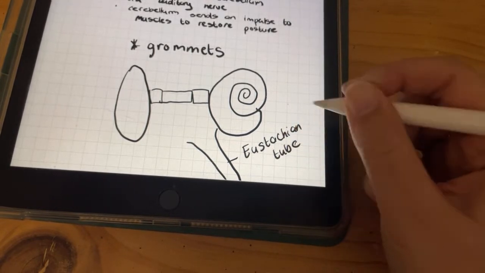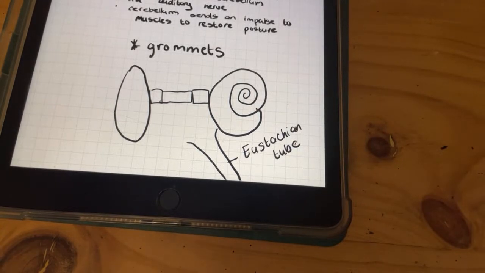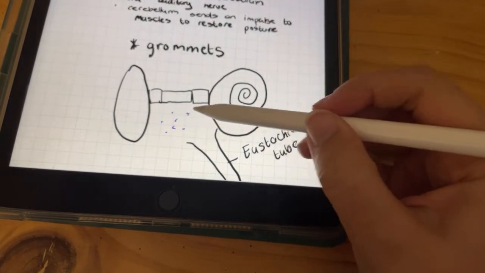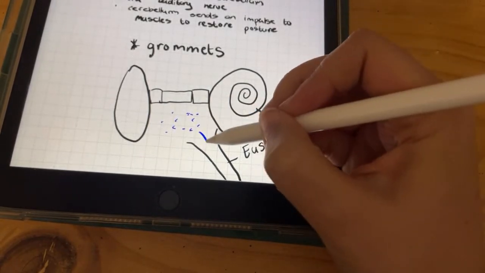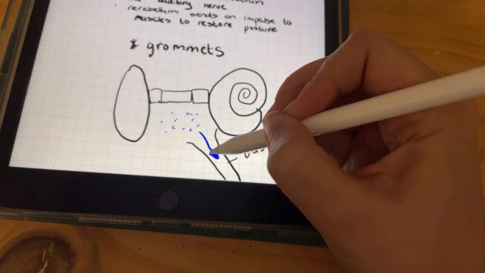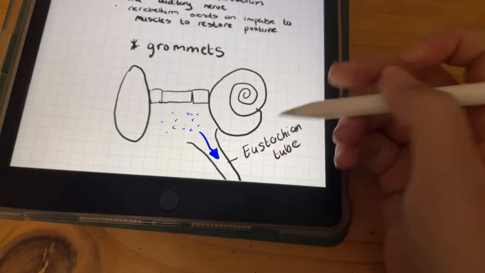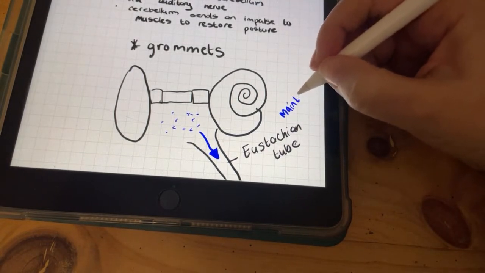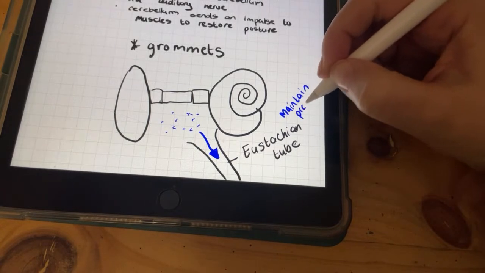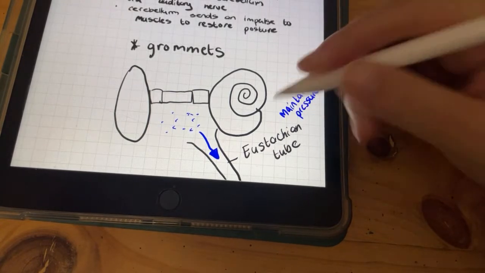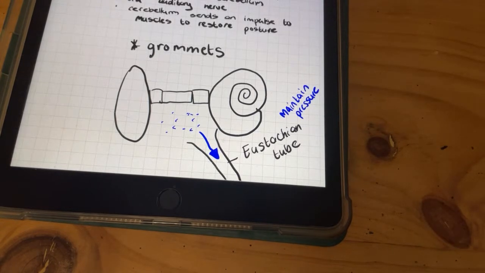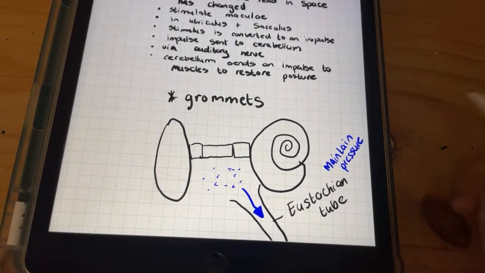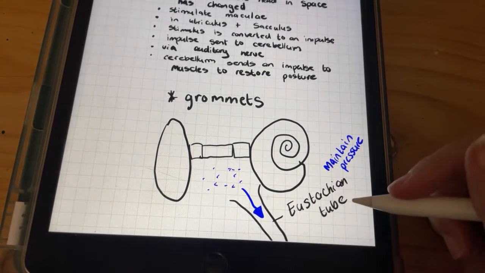So how is this linked? Essentially, if fluid builds up in the middle ear over here, it is supposed to drain down the Eustachian tube. The Eustachian tube is there to maintain pressure in your ear. That's like when you blow in your ears and hold your nose and your ears pop. That is when you equalize the pressure in your ears.